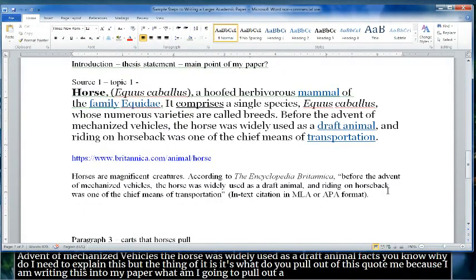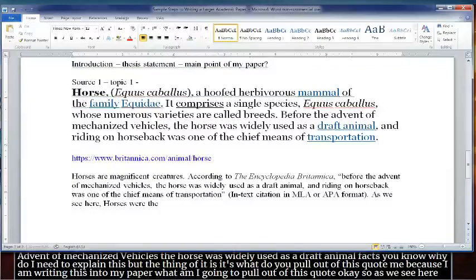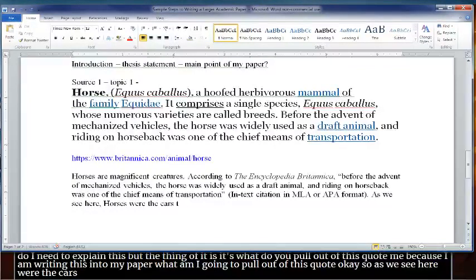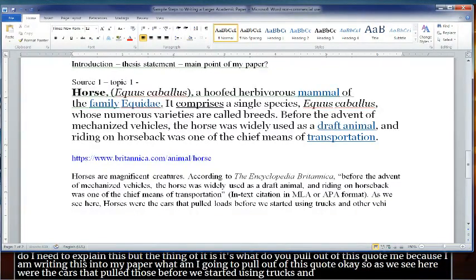So, as we see here, horses were the cars that pulled loads before we started using trucks and other vehicles to pull loads of goods.